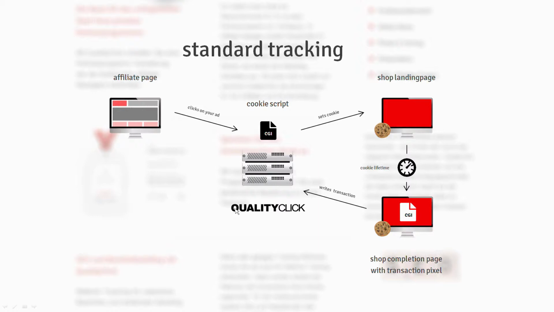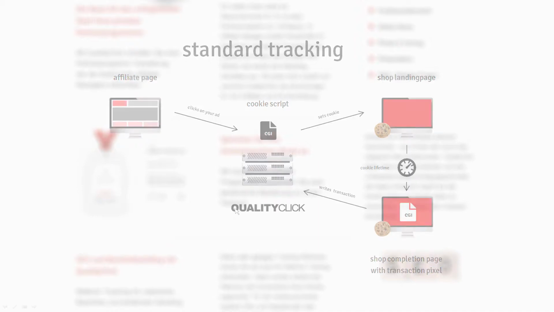So there are two vectors where we can check if everything works right. The first one is the cookie, and the second one is if the transaction pixel gets triggered right or if it doesn't, and I can tell you how to check this. There are two possible states.